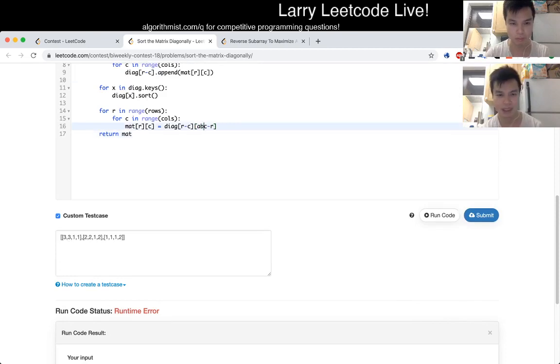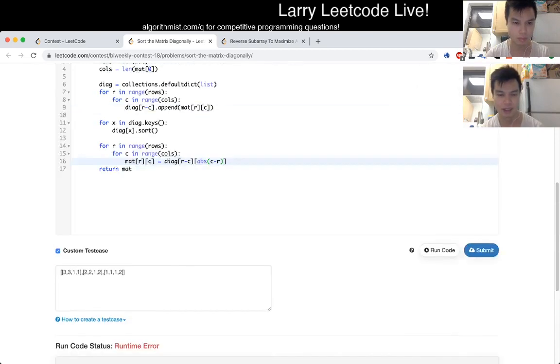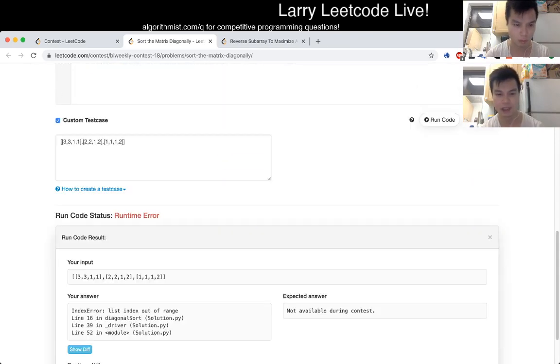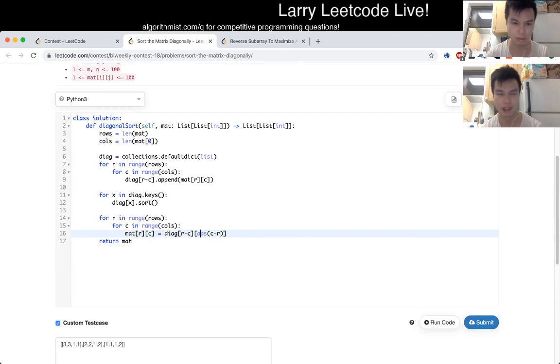But I ended up noticing that the way that we visit it, we're always going to visit the ones in the upper left corner first, and that is the order that you want anyway.